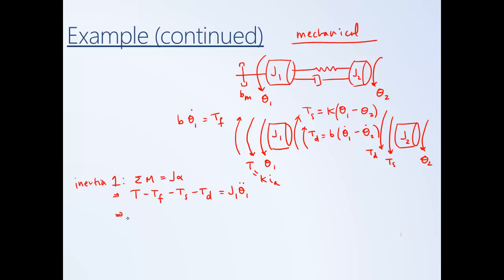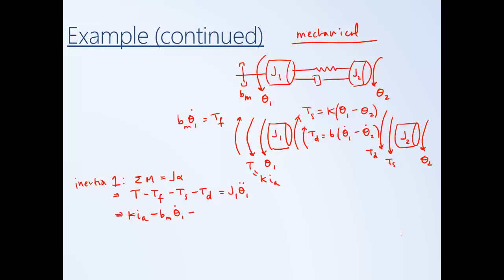Then we can substitute in the different expressions we have for the different torques. So we have the motor torque is equal to the motor torque constant times the armature current. Subtract the frictional torque, where we're actually given that the viscous frictional coefficient is B sub m, B sub m, theta 1 dot.